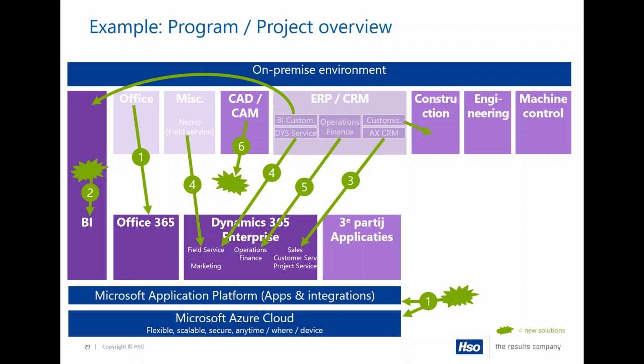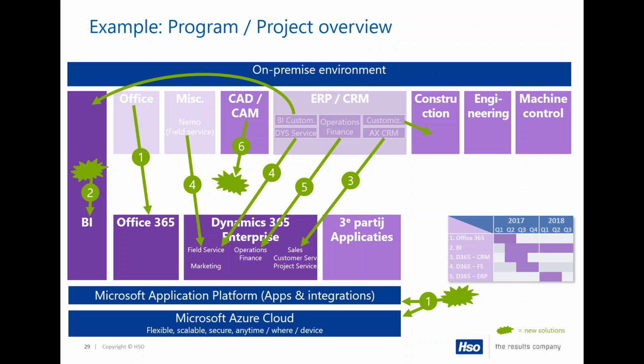So we moved a lot of functions to Microsoft Online to be able to support a digital transformation, to be able to create field service solutions or sales solutions or project service solutions like the scenario I already presented to you. And this is a program for 2 years in this example, but it could for your company mean 1 year or maybe 3 years. That's depending on the speed you want to have in this process.